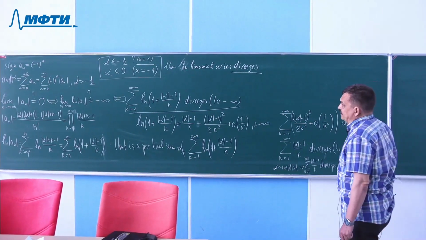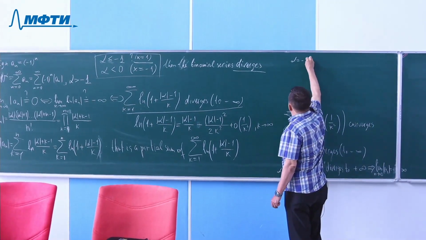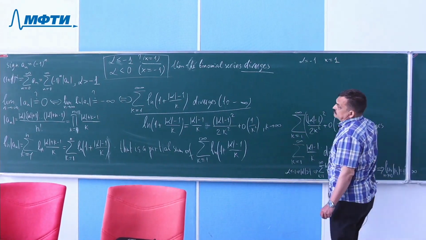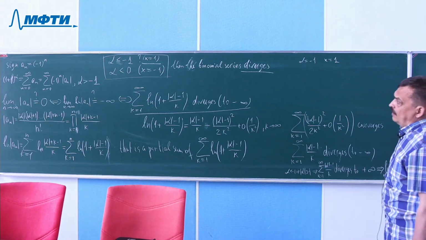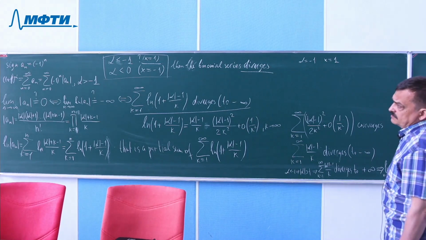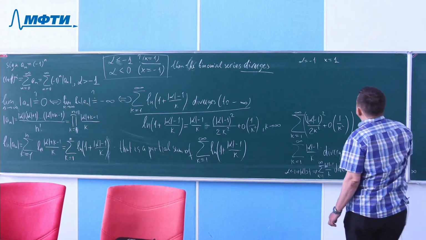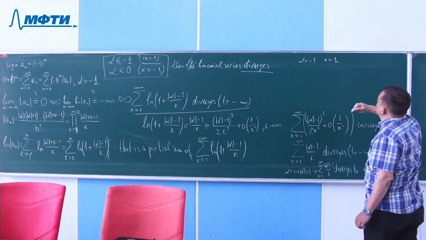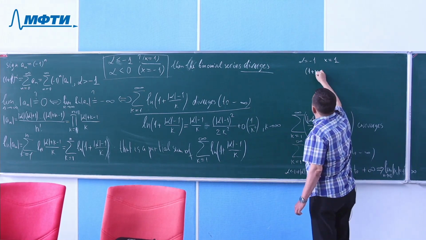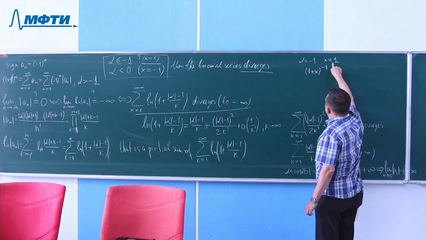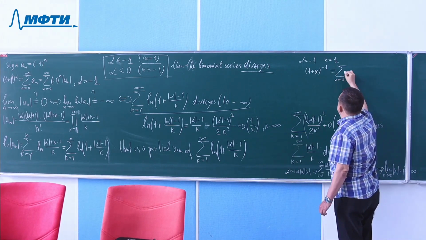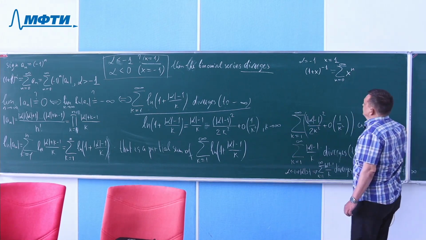Okay, for alpha equals to minus 1, the situation is slightly different. For x equals to 1, right? Namely, what happens? Look, it means 1 plus x to the power minus 1. I want to consider this series. Recall that the binomial series for that case looks like that.